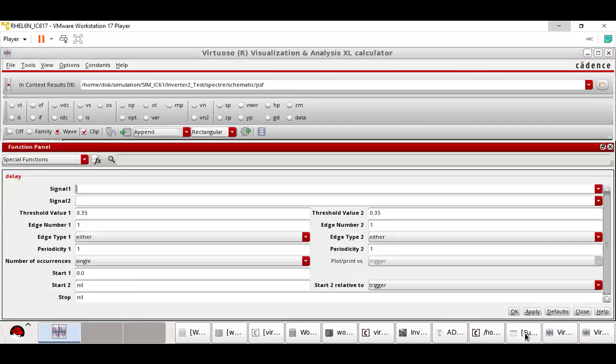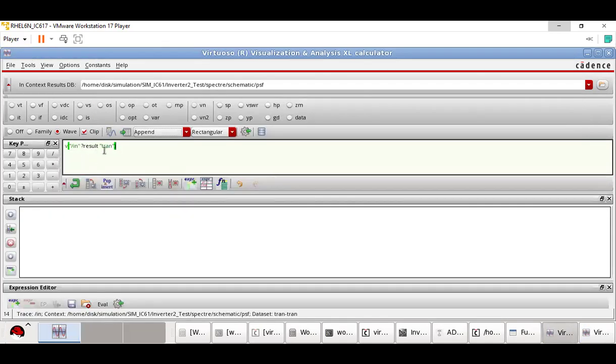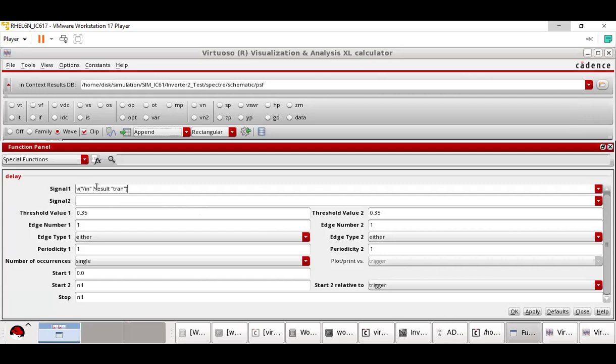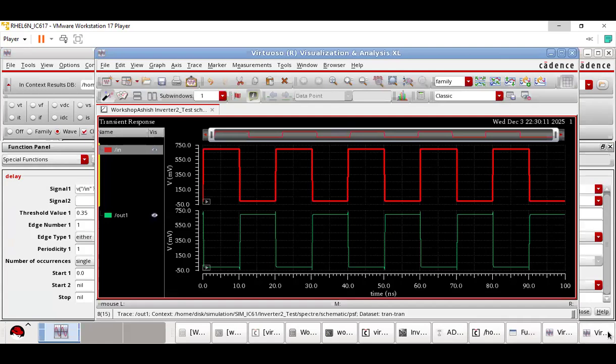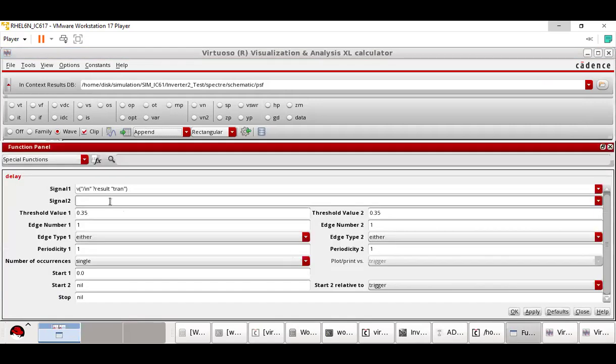Here, signal 1, go to wave. Signal 1 is your input, press anywhere on your wave. There you get this. Copy it or cut from here, put it on the signal 1 function. Similarly, go to signal 2, wave shape, click anywhere on your output wave. You get this. Cut from here, put it to signal 2.